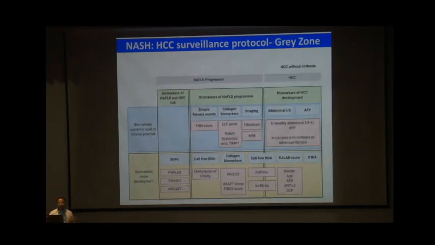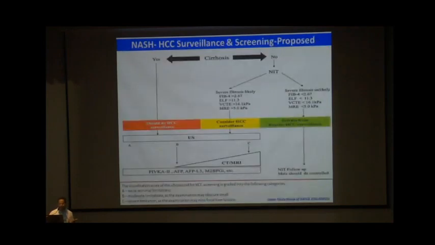Hence, I have taken a slide from here, that if you think of going for this surveillance, you also have to rope in the biomarkers. The biomarkers for the risk of HCC like the SNPs, biomarkers for NAFLD progression like cell-free DNA, collagen biomarkers. You have to look at imaging. These are multiple modalities needed to consider in addition to developing HCC markers.